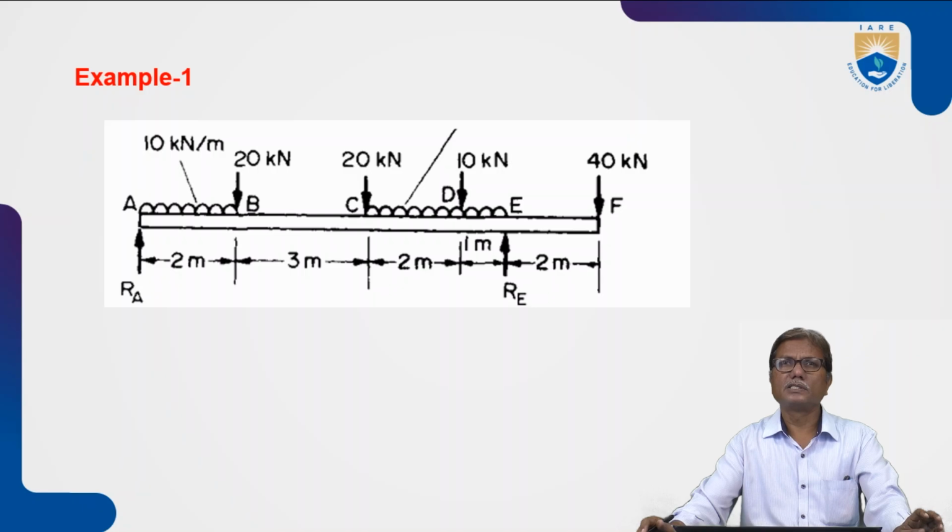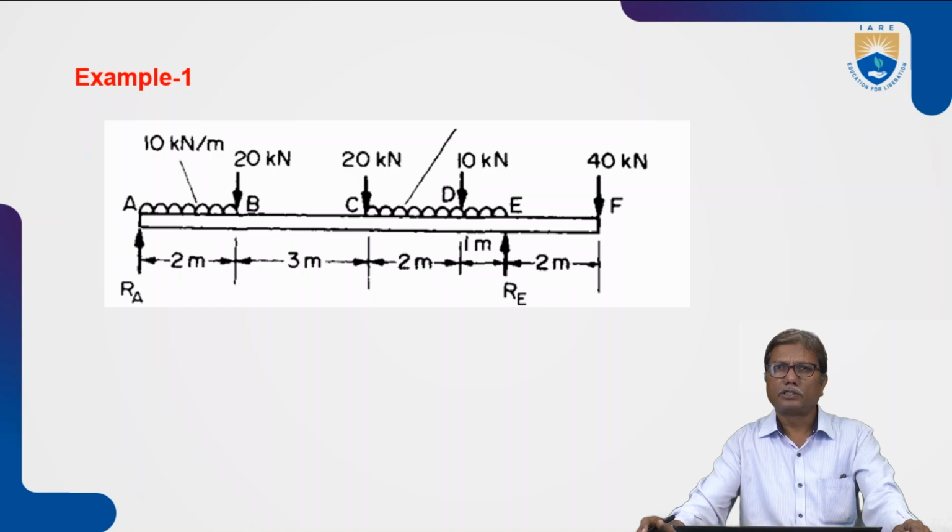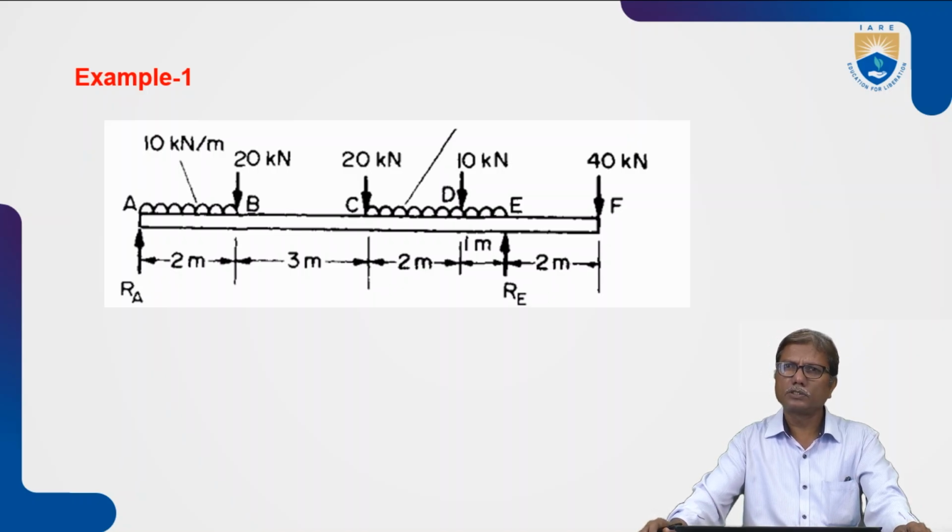So let us first consider the example shown in the figure. An overhanging beam subjected to various loads. Here the loads consist of UDL, point loads, partial UDLs and point loads.